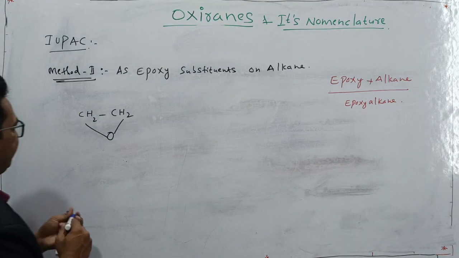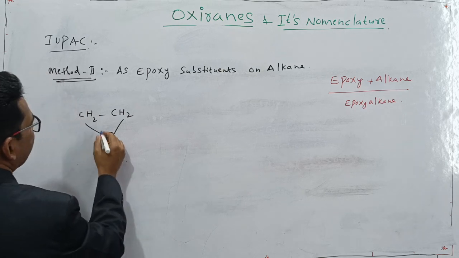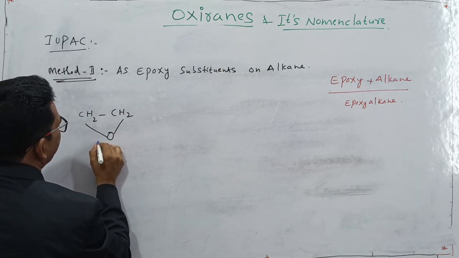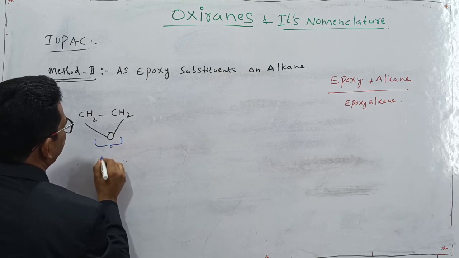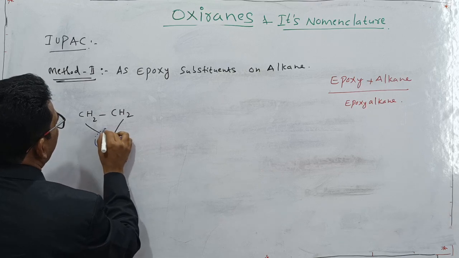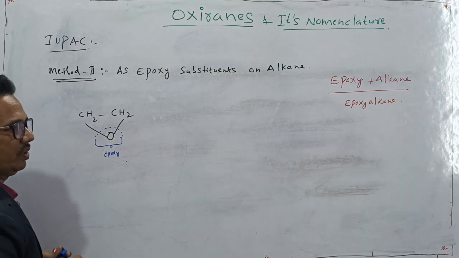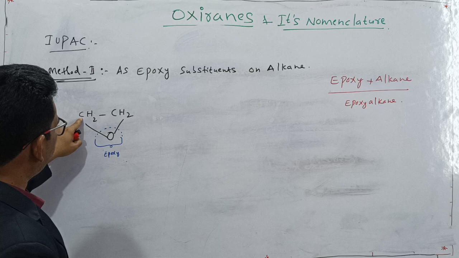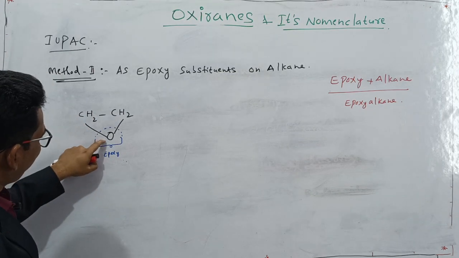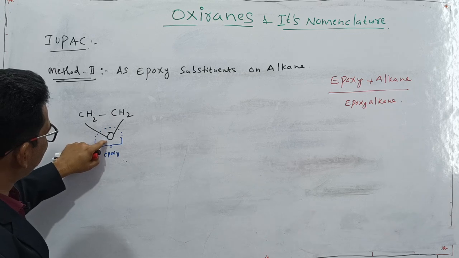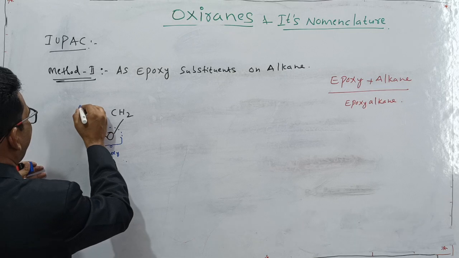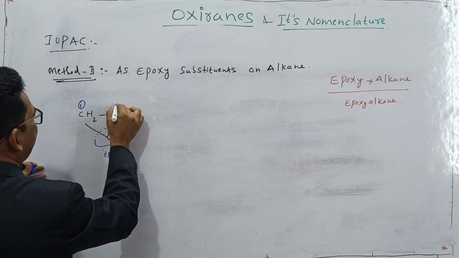Now you can see, this oxygen is called epoxy. Don't be confused, this oxygen is called epoxy, only the oxygen, remember, epoxy. At which position is it present? 1, 2. Because in method 2 we write this one as a substituent, we are not giving numbering to it. We are giving numbering to this one, 1, 2.